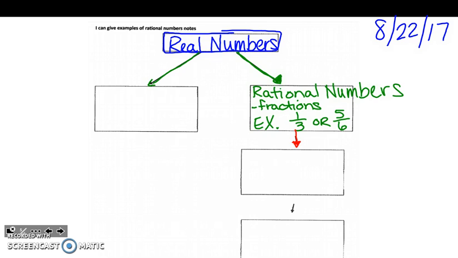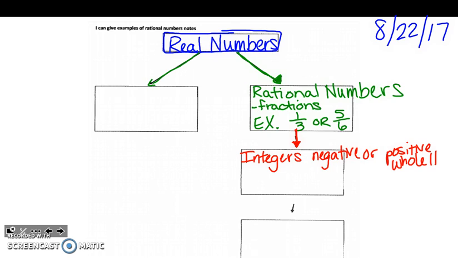The next category down is going to be integers. Hopefully we all know what falls into integers, okay? Integers are negative or positive whole numbers, okay?